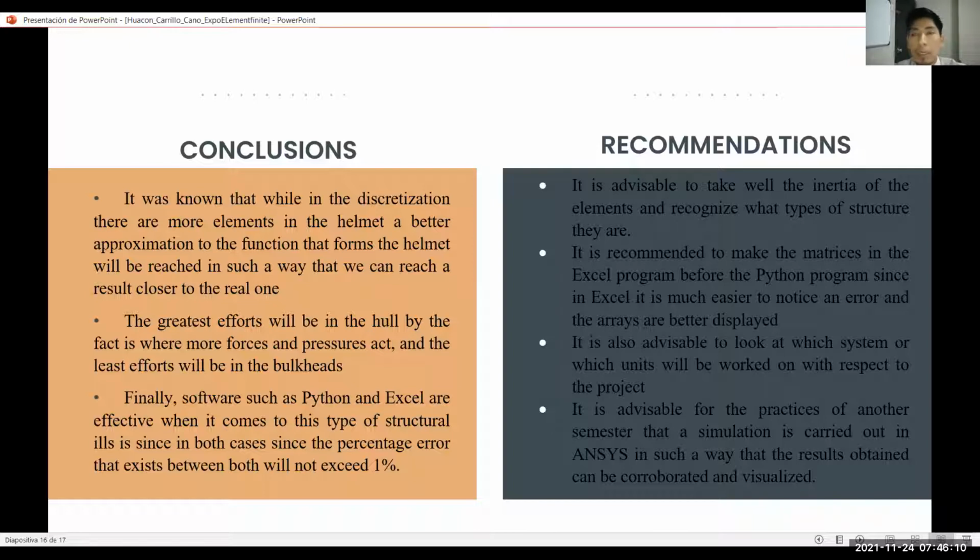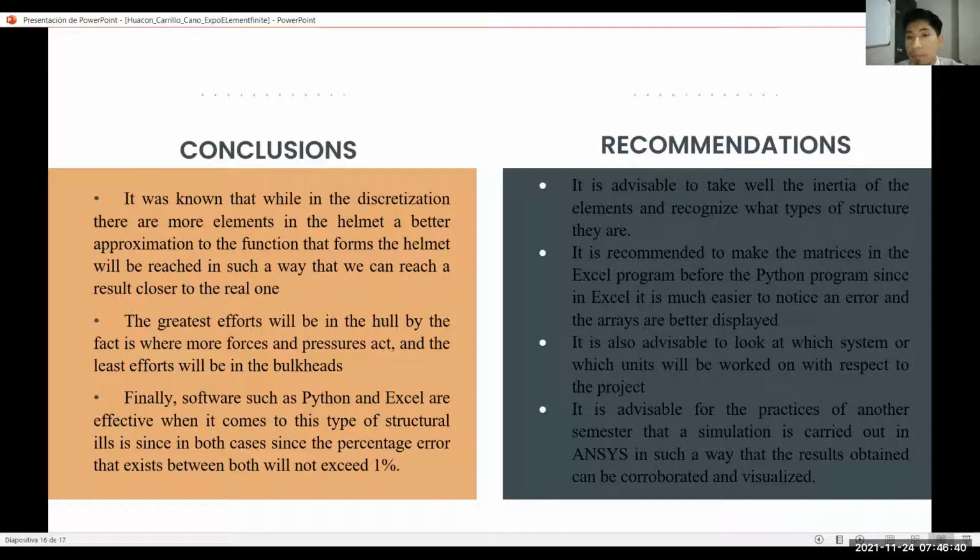Comparing with the analytic solution, with the Python program, the percentile error is about 0.01. The percentile error is very good. If we do two methods, they calculate different variables, for example in this case the stress and displacement.